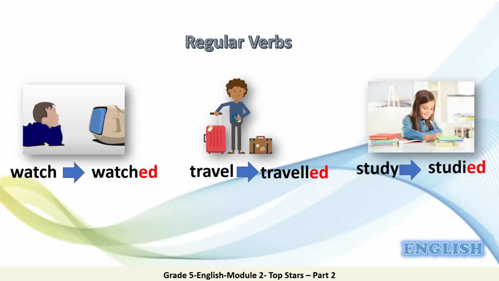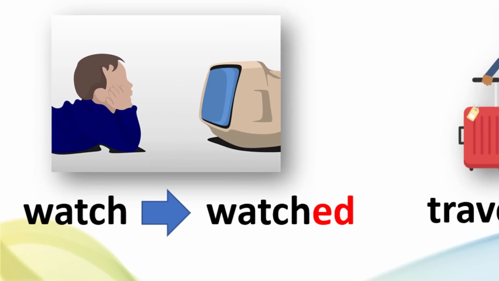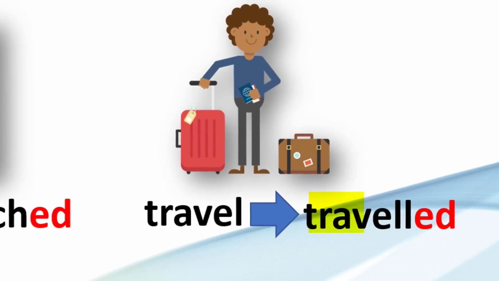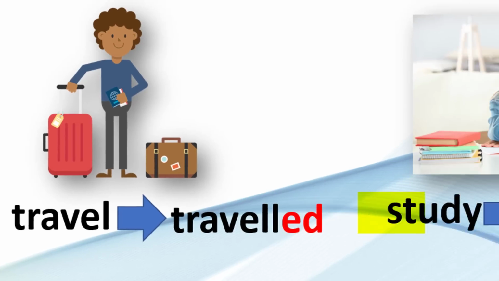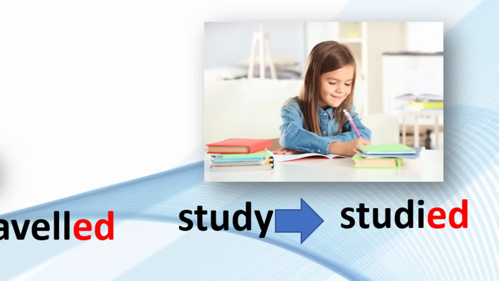Look at these three verbs. Watch, watched. Here we normally added ed, right? Travel, traveled. Here we added ed but doubled the l. Study, studied. Here we dropped the y and added ied.